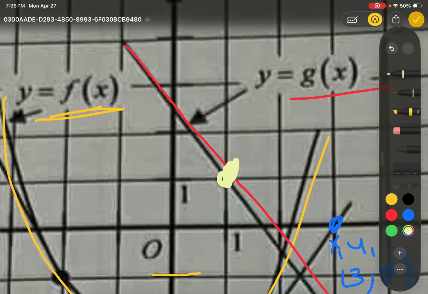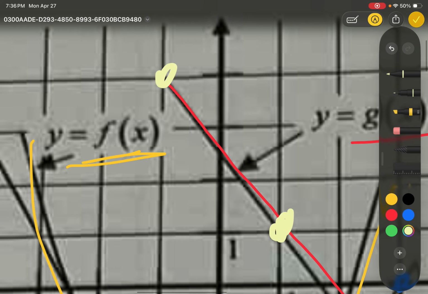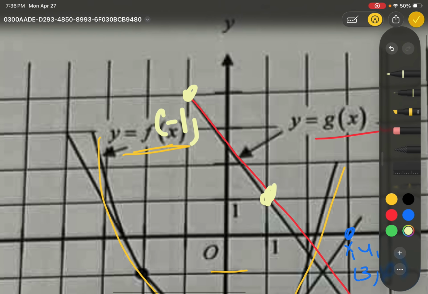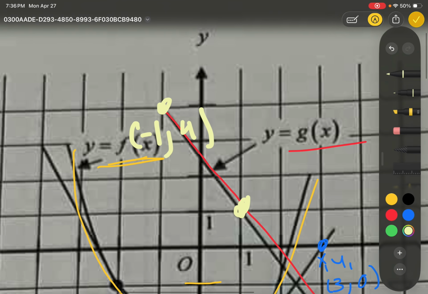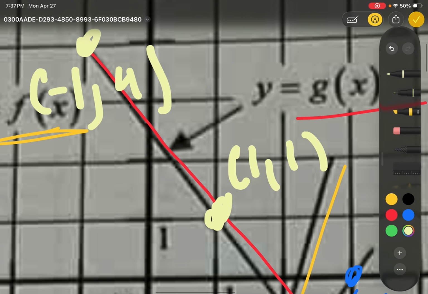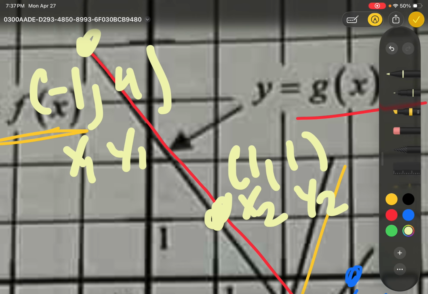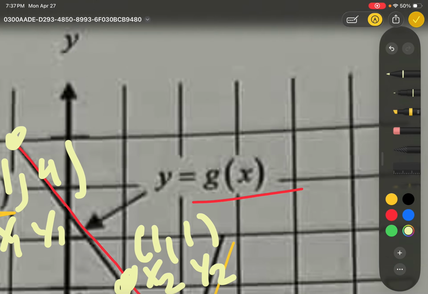Using these two points, x2, y2, x1, y1, apply slope.